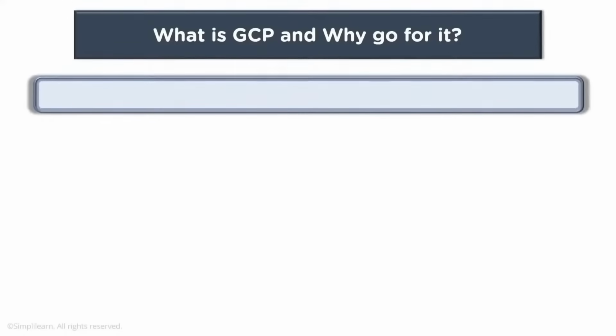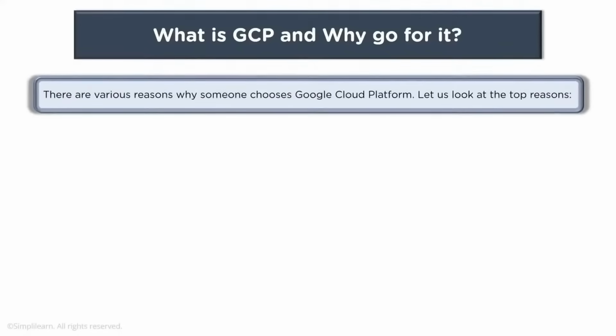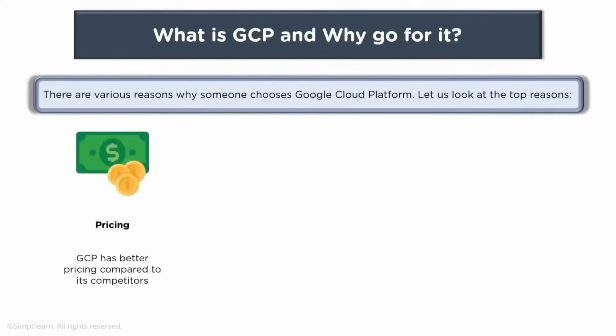When you talk about GCP, there are various reasons why anyone would choose it for their use cases. Now let's look at some reasons. When you talk about pricing, GCP has better pricing compared to its competitors, depending on the services which you would use, whether that would be infrastructure as a service, such as using Compute Engine instances and running your applications on them, or a managed service such as Dataproc or Bigtable or BigQuery, where you can have your Hadoop clusters running or store huge amounts of data, or even build your data warehouse wherein you can store structured data.